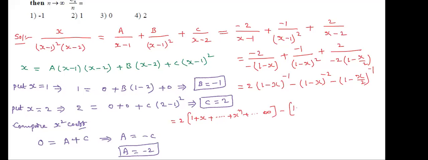Second expansion, see that 1 plus 2x plus 3x square and so on. What we get, x power n coefficient? n plus 1 into x power n plus and so on, infinite, minus. Last expansion, see the students, how to write?